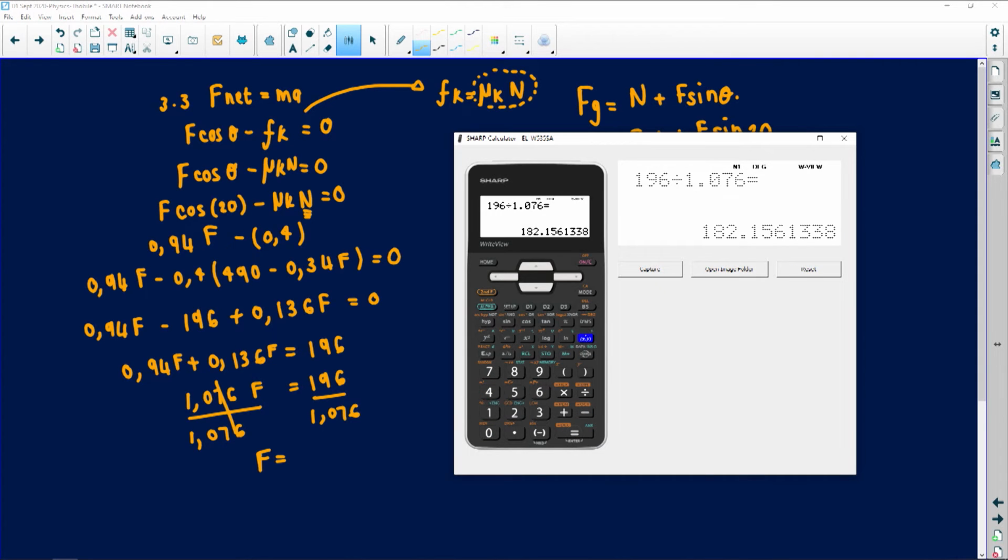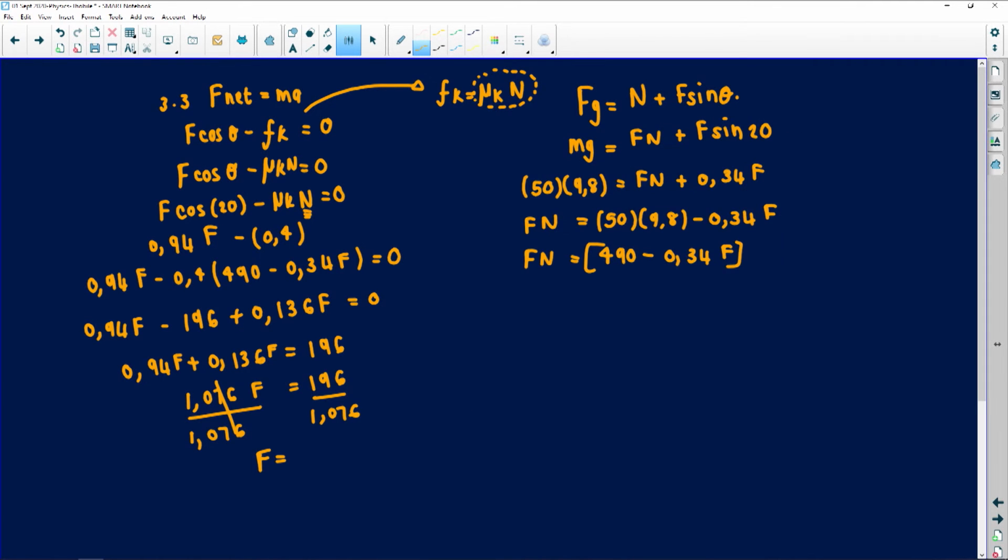And that's going to give me 182.15. The number after the 5 is a 6, which means it's 5 or greater. It's going to change my 5 into a 6. Remember to always leave your final answer in 2 decimal places.